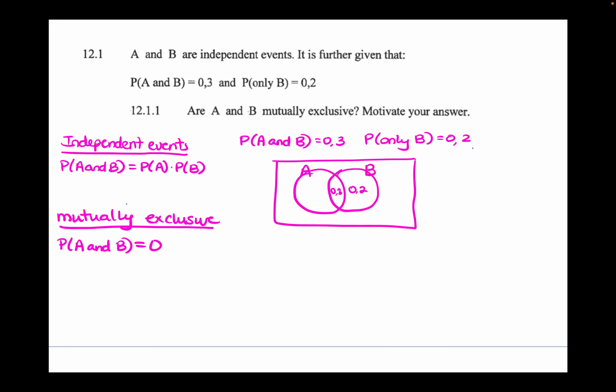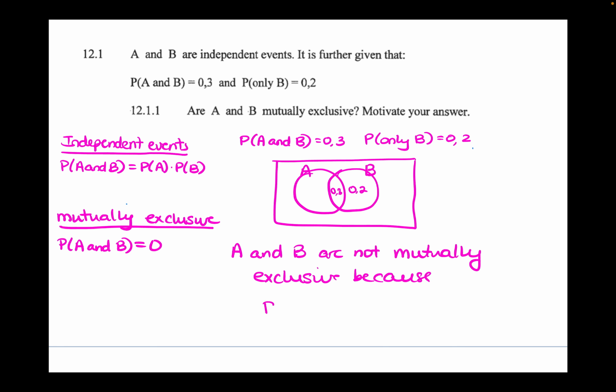Well, clearly in this case, A and B are not mutually exclusive, because the probability of A and B both occurring is not equal to 0. It was given as 0.3.